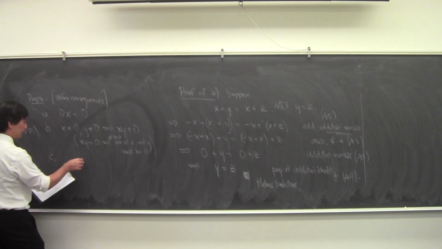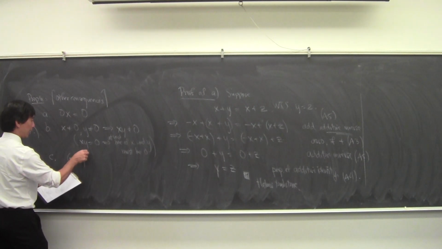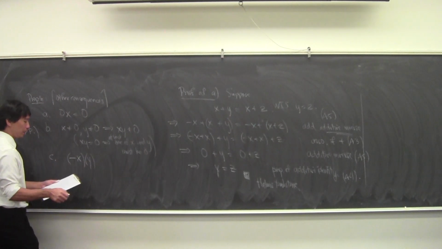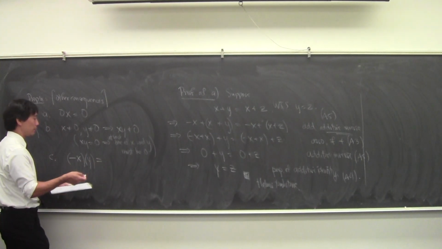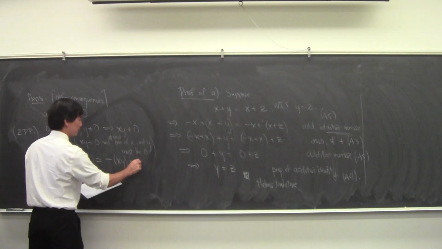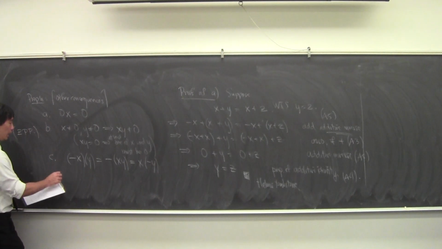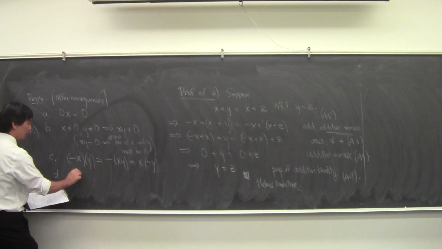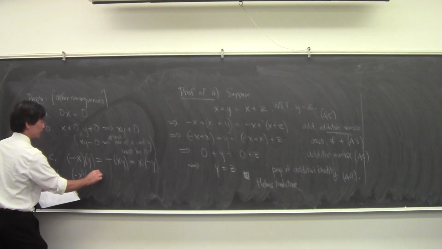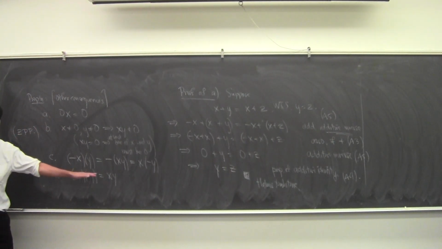You can move the additive inverse sign around. So the additive inverse of x times y is the same thing as the additive inverse of the product xy, which is the same thing as the product of x times the additive inverse of y. And d, the product of additive inverses is the product of the original elements.